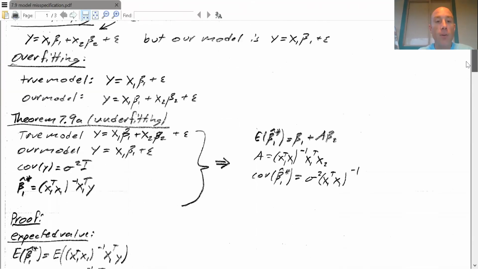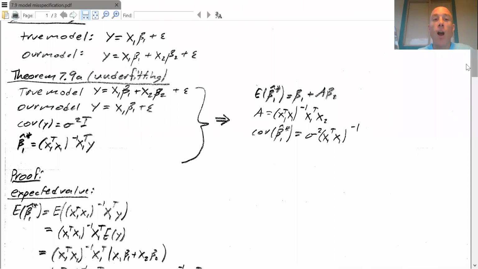All right, let's look at the first theorem. It's going to cover underfitting. Let's say that the true model involves x1 and x2, but I don't have the x2 variables in my model. Throughout this, we're going to assume that our covariance is sigma squared times the identity matrix, so that's nice and easy. Whenever you see a star in here, there's a mistake.